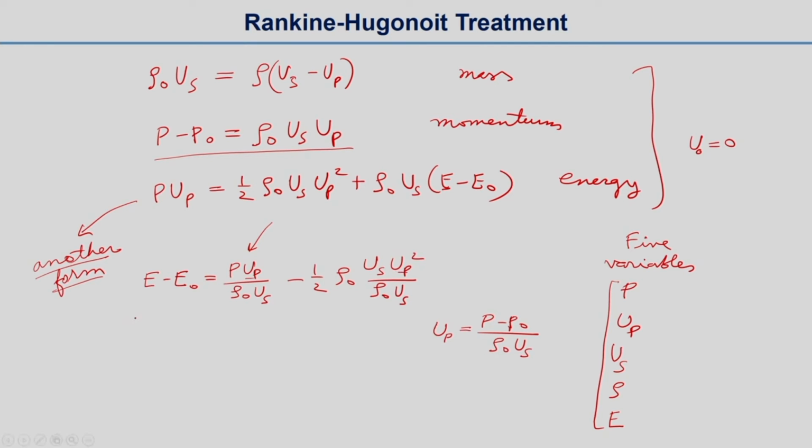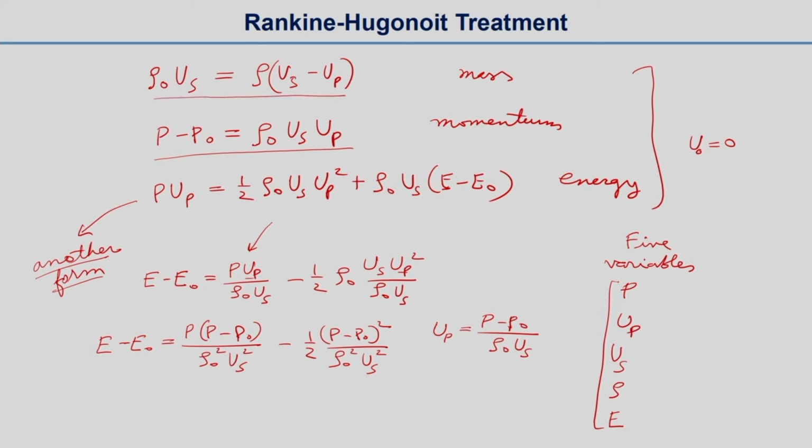that will give us E minus E naught equal to (P minus P naught) squared over rho naught square Us square, minus half of (P minus P naught) square divided by rho naught square Us square. Again, from the conservation of mass, we can substitute this.